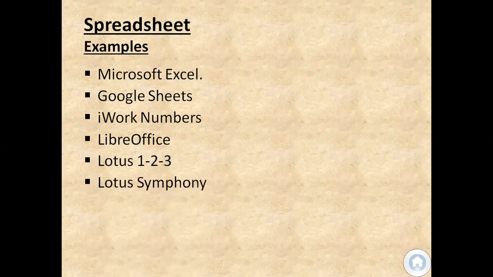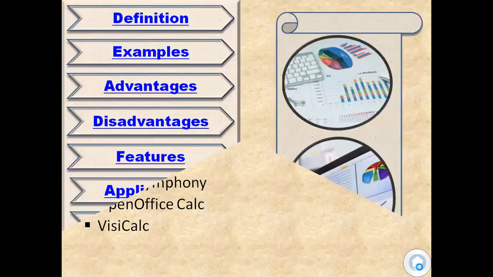Now, Lotus Symphony is used. OpenOffice Calc, in short, we call it OOCalc. VisiCalc, which is also not in use nowadays. Now let us move to the main page.